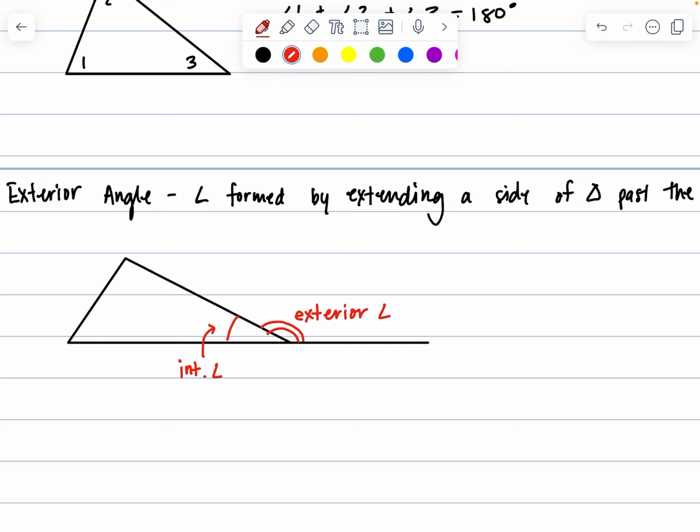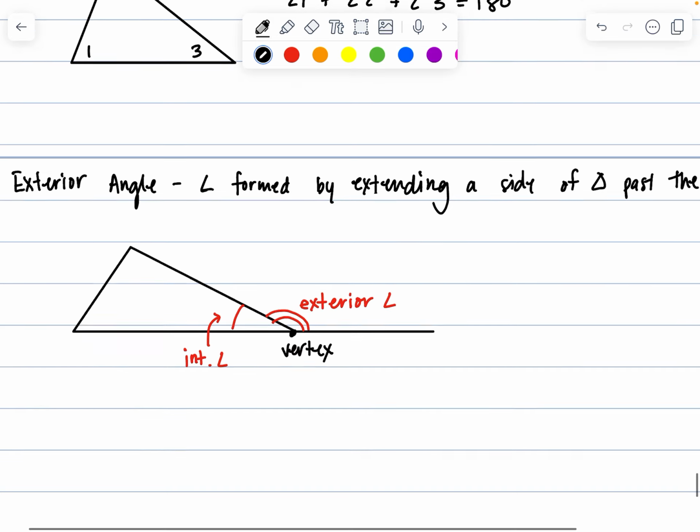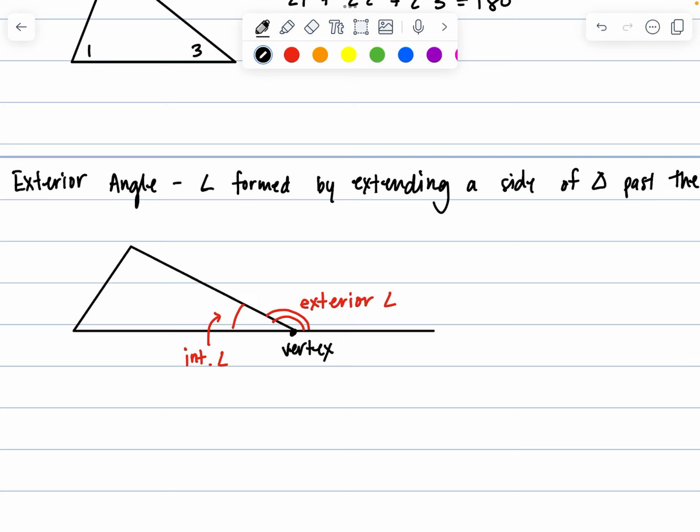So there's your vertex here, and then we have that exterior angle. And what's nice about interior angles and exterior angles, if we wanted to, we could also extend some other pieces. For instance, if I wanted to extend this one, then we would have an interior angle and then an exterior angle. So you could do it on any side of the triangle.